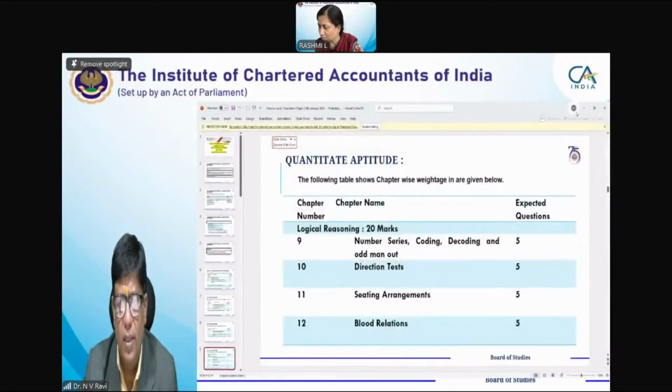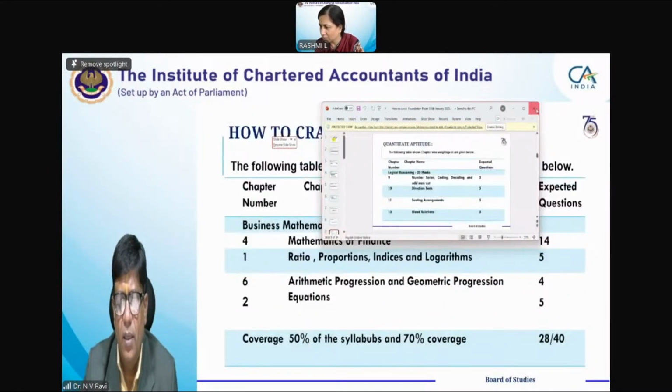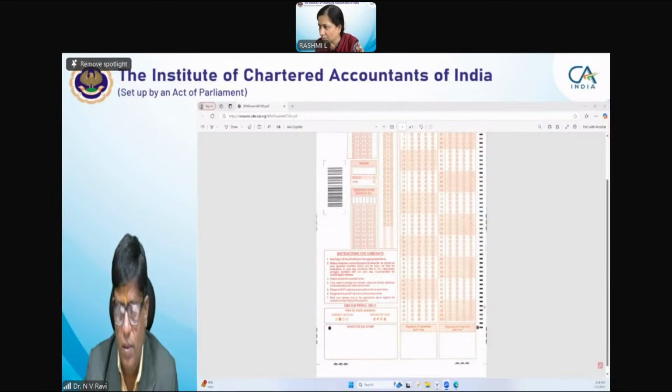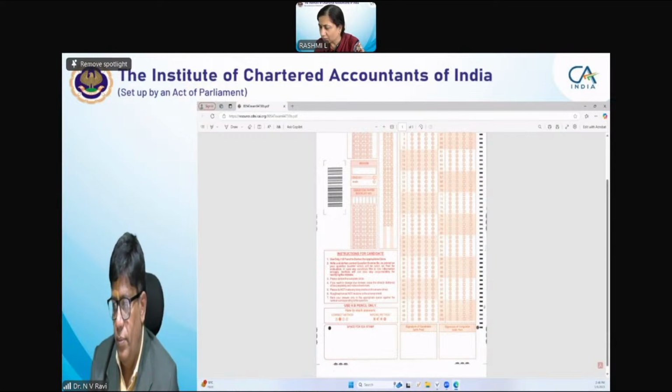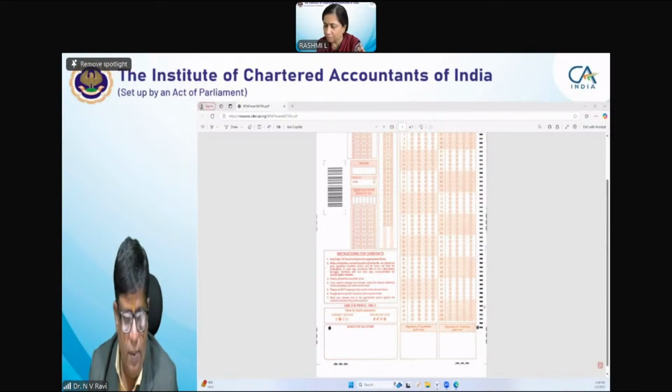Is it fine now? No, it's a QR. Oh my God, again I had to open the PDF. I think you closed the file by mistake. Okay, I will just go back to that.